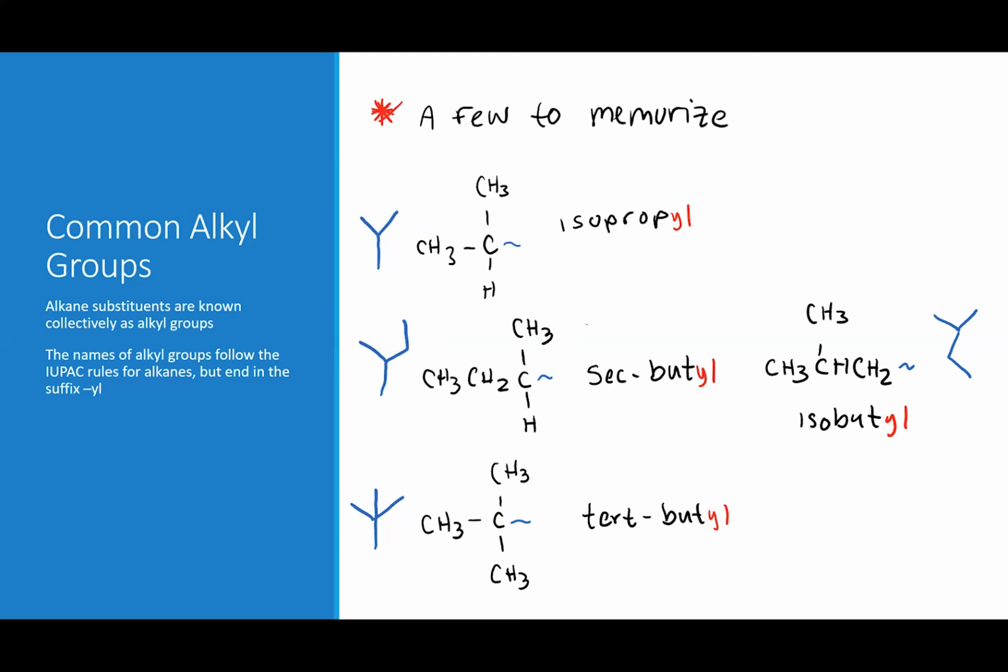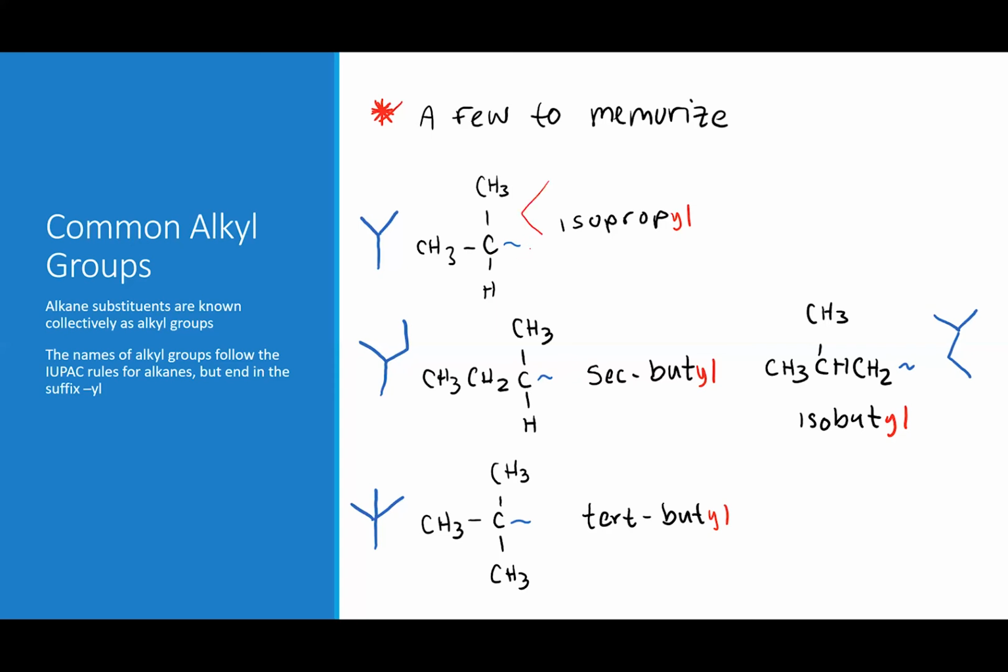So some of these groups, for example, here, this is an isopropyl group. And the way that I am showing this is this whole structure that you can see is the group itself. And the little blue squiggle line is where the group would attach to the main chain.